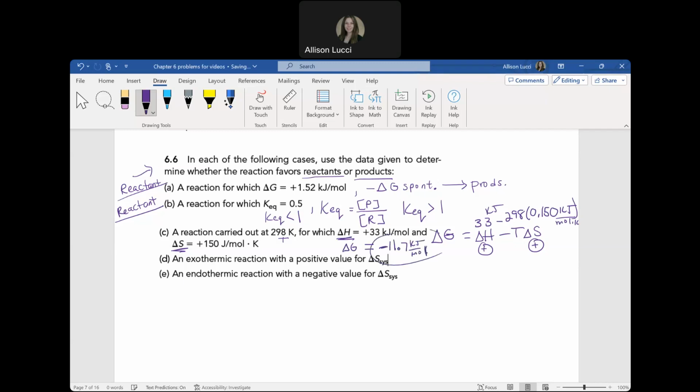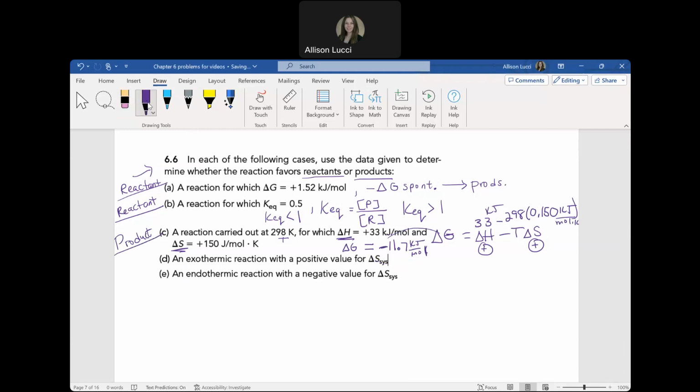So this is our final delta G here. And we know that with a negative delta G, that would favor products. So this is product favored.